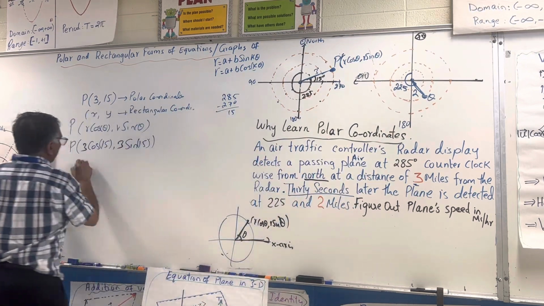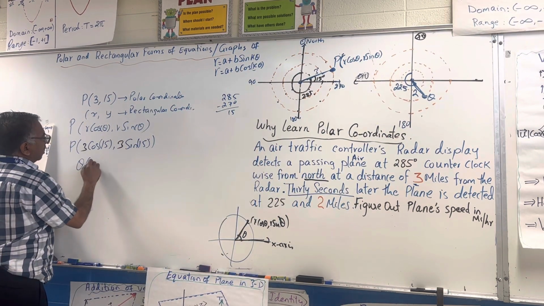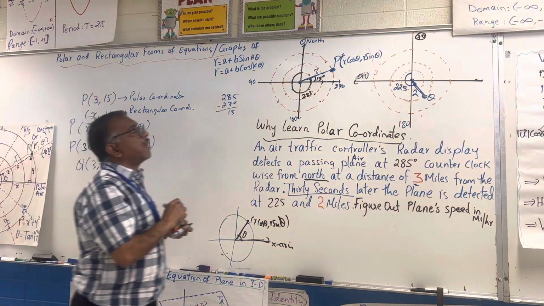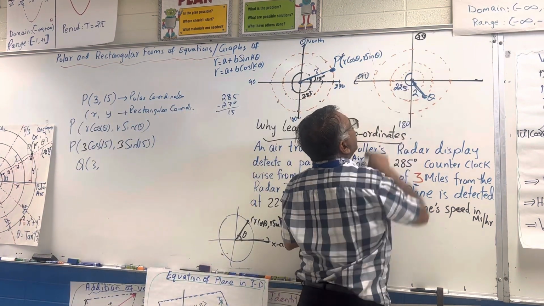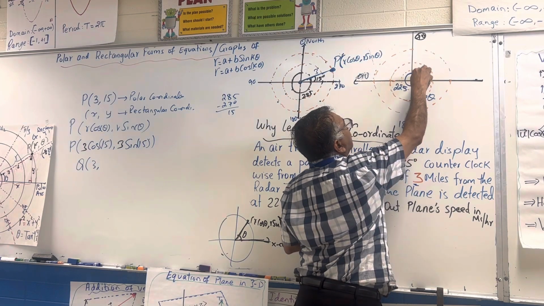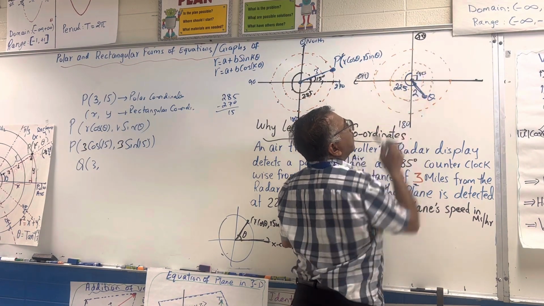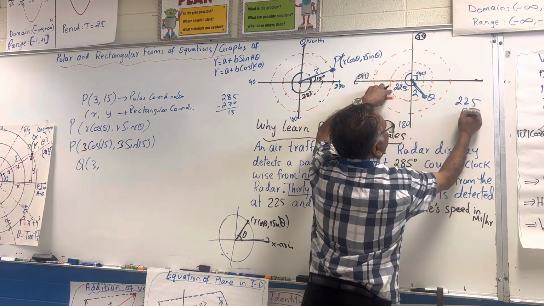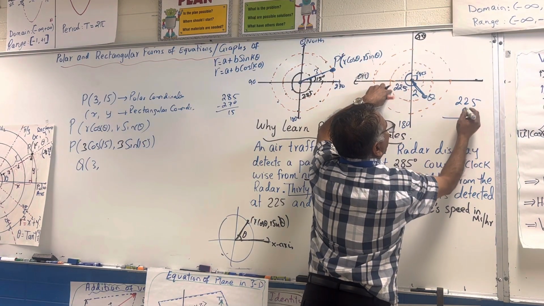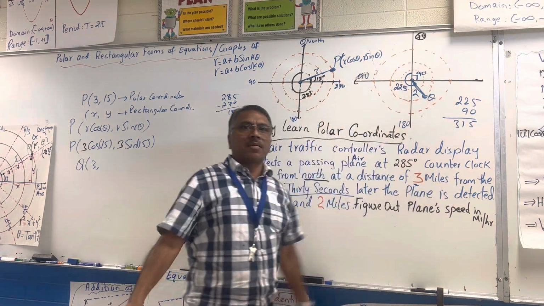So Q is 2, and remember the trick here is 225 is from here, but there is this part that is 90, so that is what you have to take care of. You add 225 plus 90, which will give you 315 degrees.